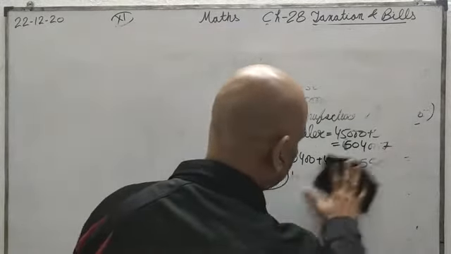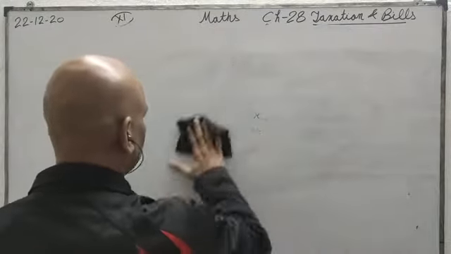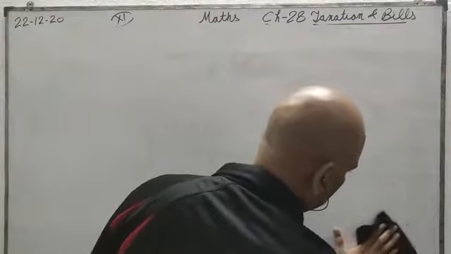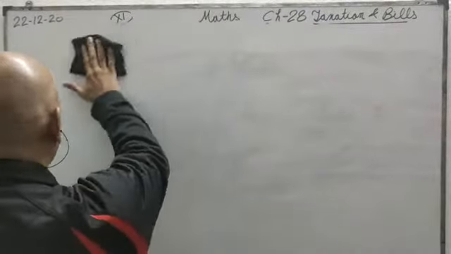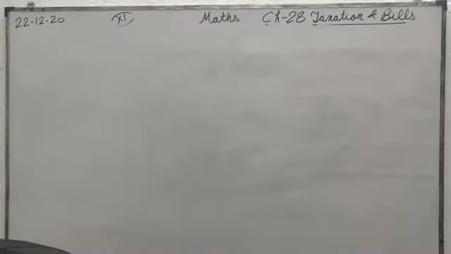Let us read the next question. What is the next question asking? Yes. Question number 2. A retailer buys TV set for rupees 40,000 from a wholesaler at a discount of 20% on the printed price.